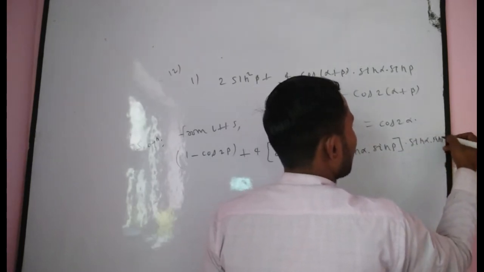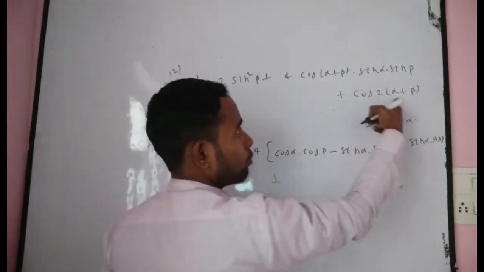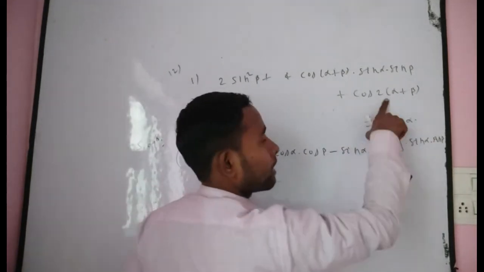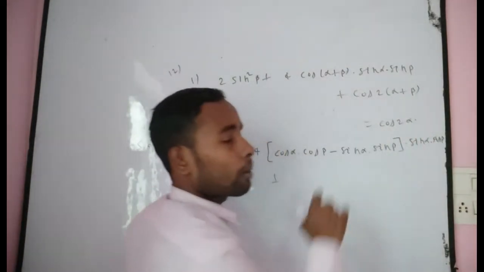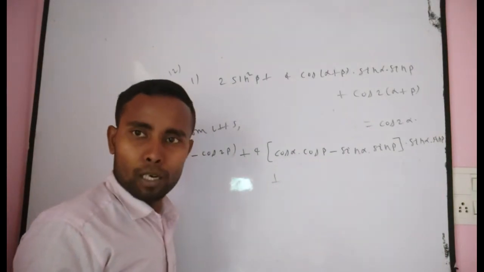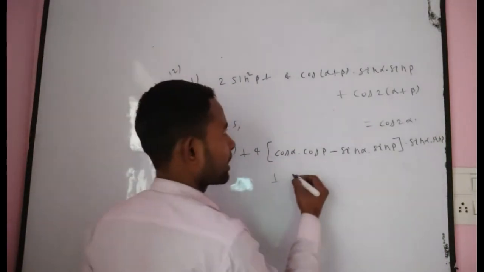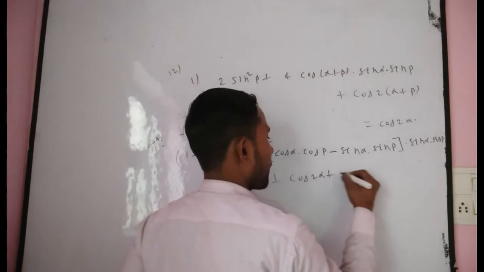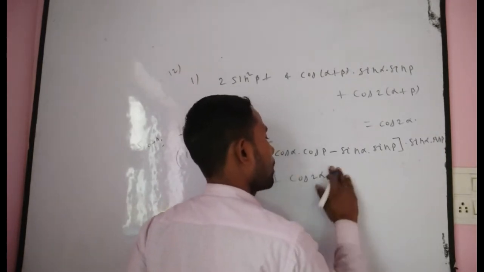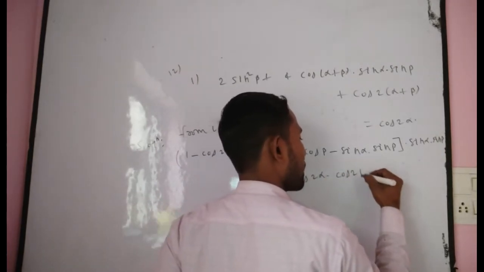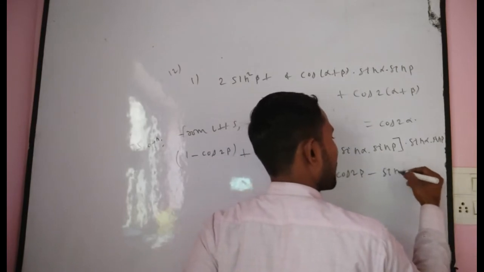Plus cos 2 alpha plus 2 beta, that will be cos 2 alpha cos 2 beta minus sin 2 alpha sin 2 beta.